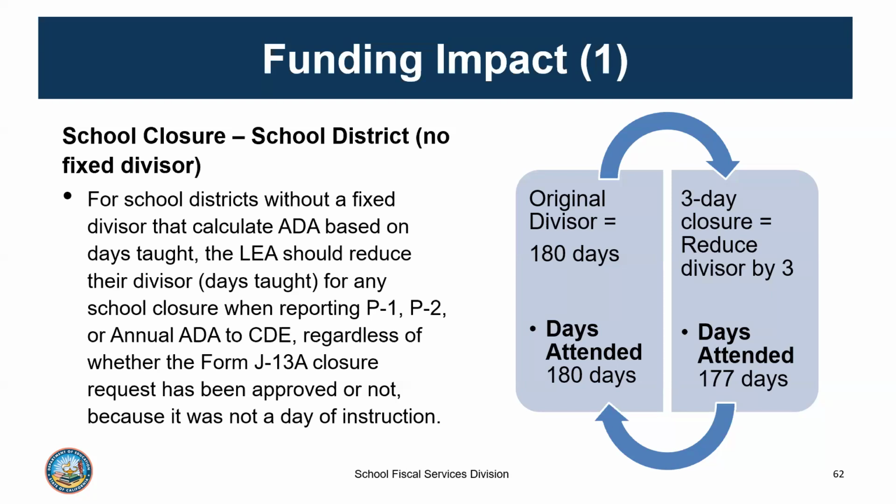The LEA then experienced an unforeseen school closure for 3 days during the school year. They now need to reduce their divisor from 180 to 177 and calculate their ADA based on the actual number of days attended over 177 days taught, whether or not their Form J13A request is approved.